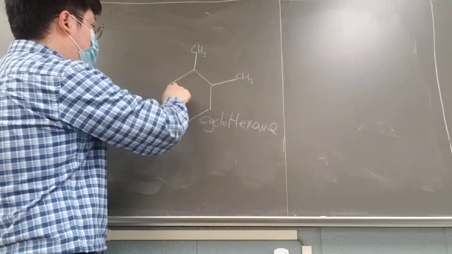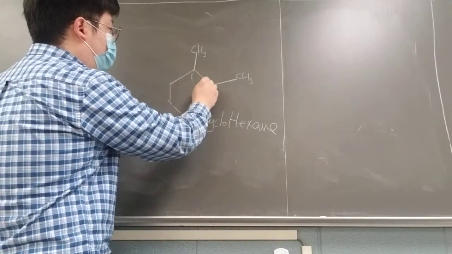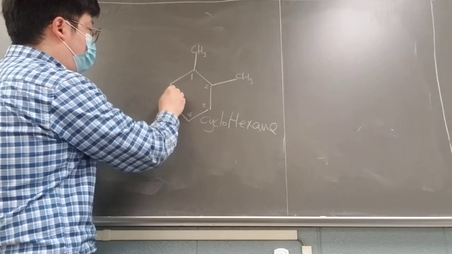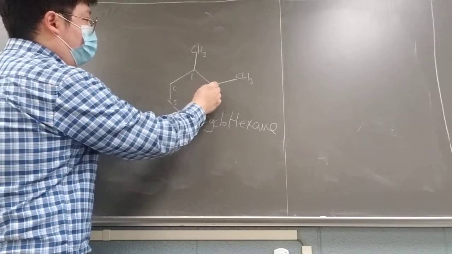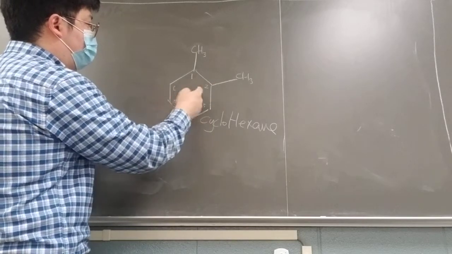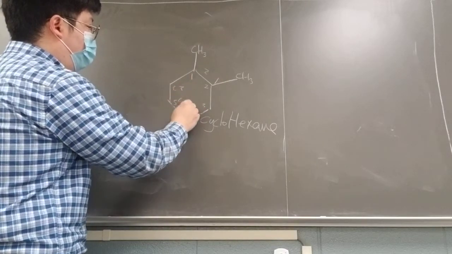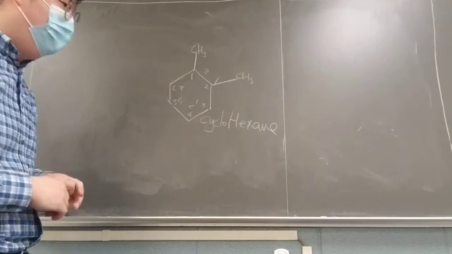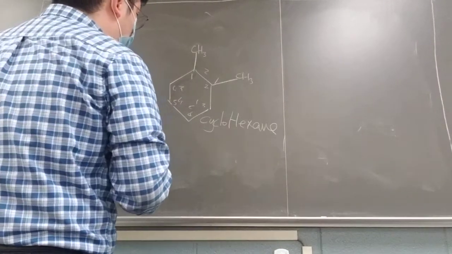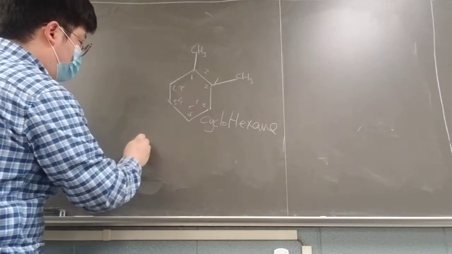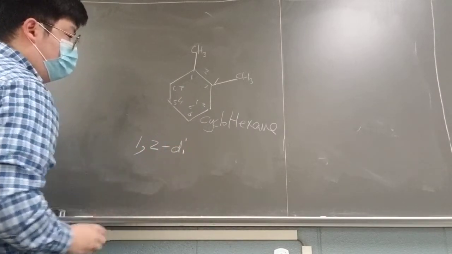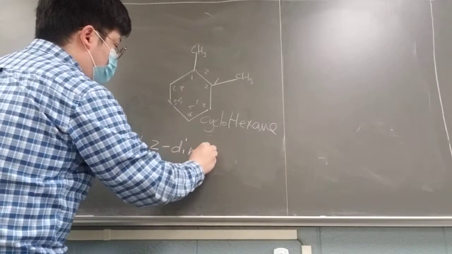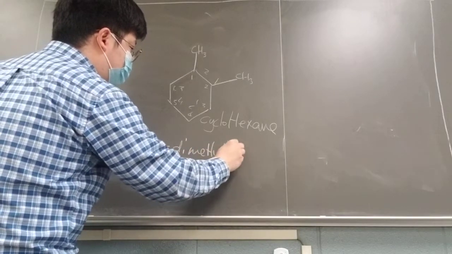I hope you're not, because like I said, we always try to find the lowest possible number combination for the locant. But either way, it's actually fine for this one. It's 1, 2, 3, 4, 5, 6. 1, 2, 3, 4, 5, 6. It's still the same, right? So all you really have to do for this one is 1, comma, 2. And now there's a 2, right? It's a di, methyl, okay? Cyclohexane.